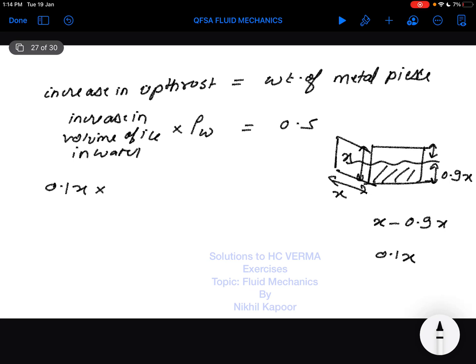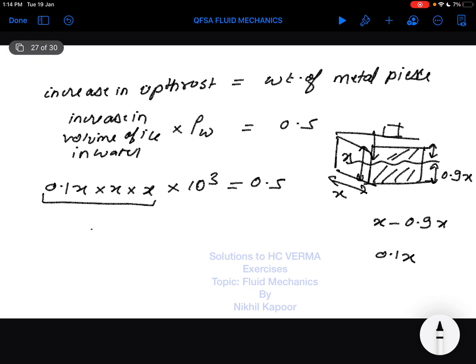So the volume will be length into breadth into height, that is x squared into 0.1x, which was outside and gets submerged after putting the metal block. That is the extra volume, or increase in the volume of ice in water, into density of water, which is 1000, equal to 0.5.